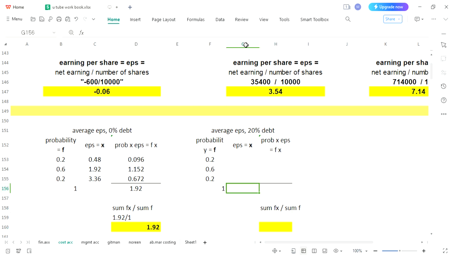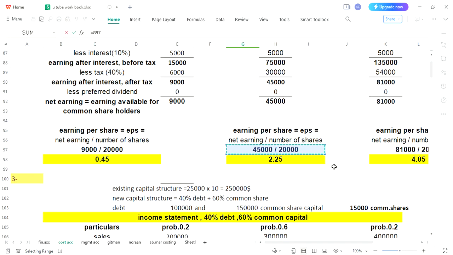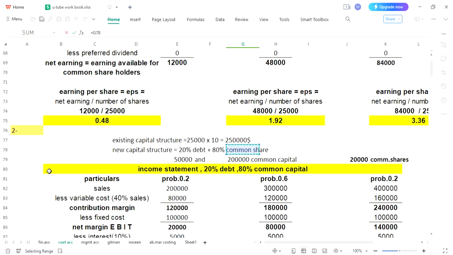What we are going to do, everything would be altered according to the second stage, where we need to calculate our average EPS according to 20% debt. So let's go back and see the second part. Here we have calculated our second part.